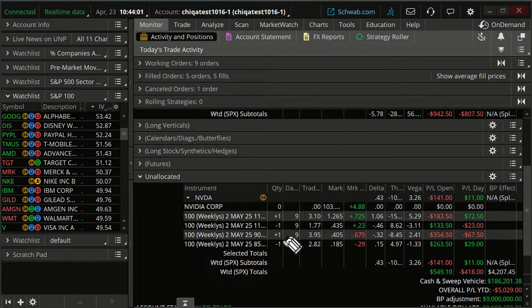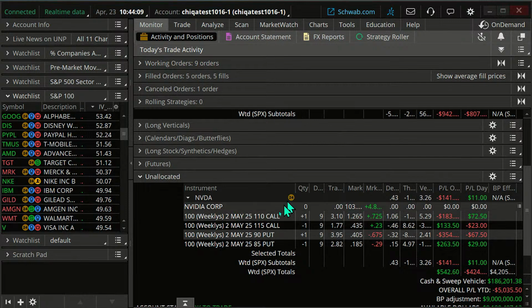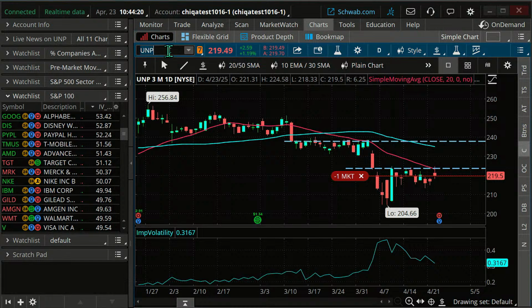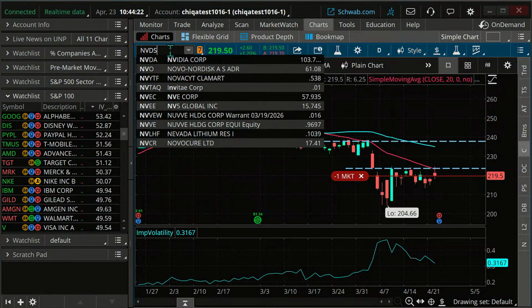In this case, what I have is a long iron condor, and look at my strikes here. I'm going to have to wrap up with this one. My long strikes are 110 and 90. This is a long iron condor, meaning we want this to move a lot. NVDA.